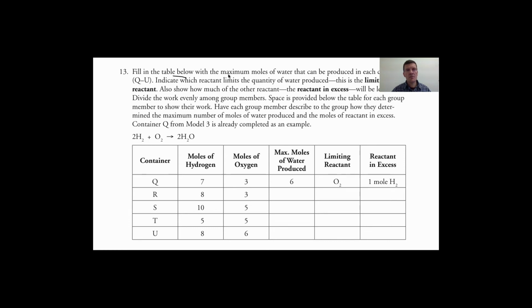Fill in the table below with the maximum moles of water that can be produced in each container. Indicate which reactant limits the quantity of water produced. This is the limiting reactant, and we're going to find out which one is in excess and how much will be left over.